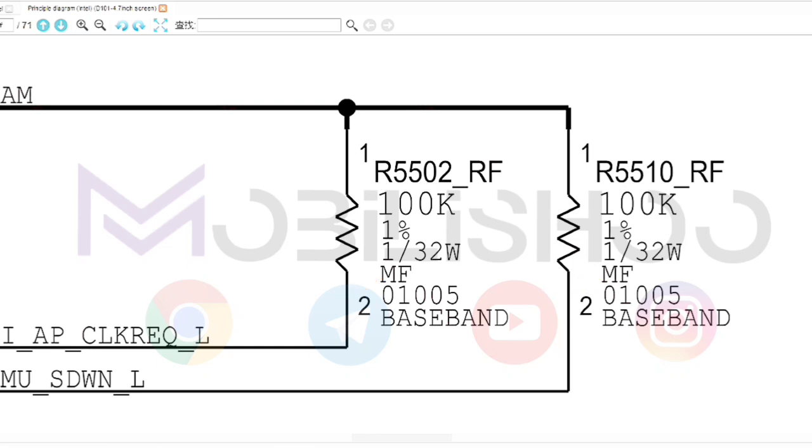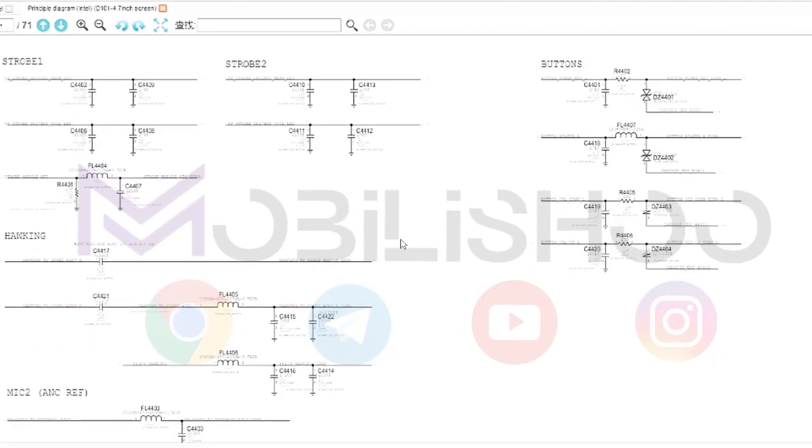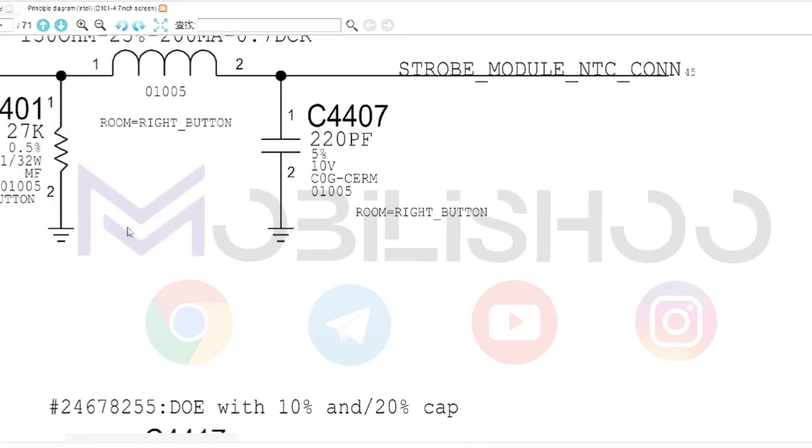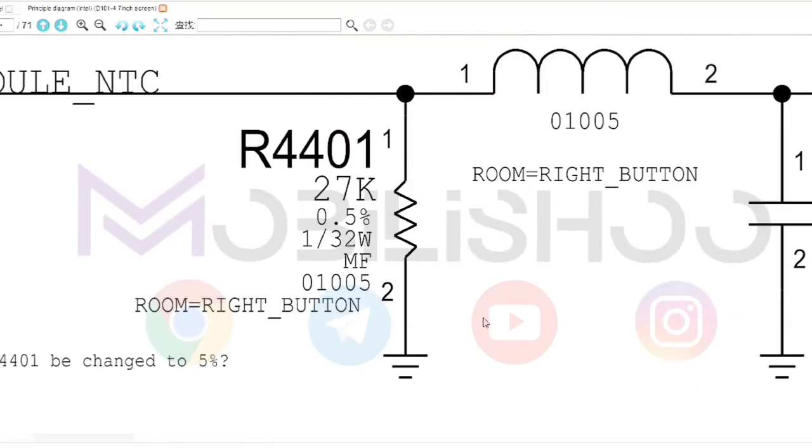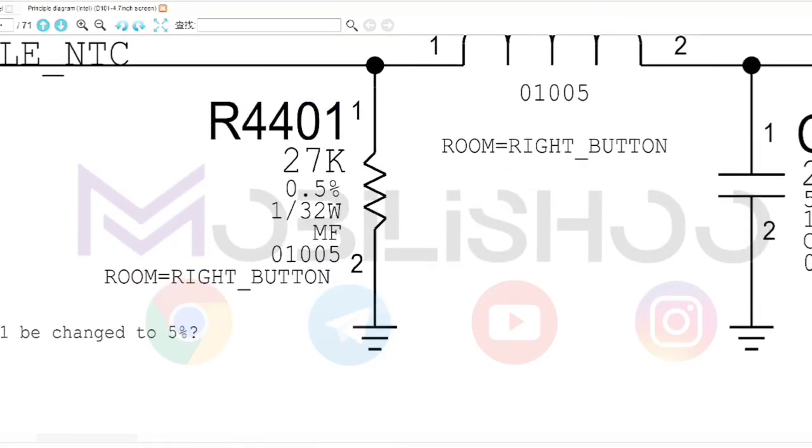These resistors have very low error rates and are very reliable. These are generally used in board diagrams. 01005 is the size of the resistor, and finally we have the term baseband, which shows the circuit in which the resistor is located.